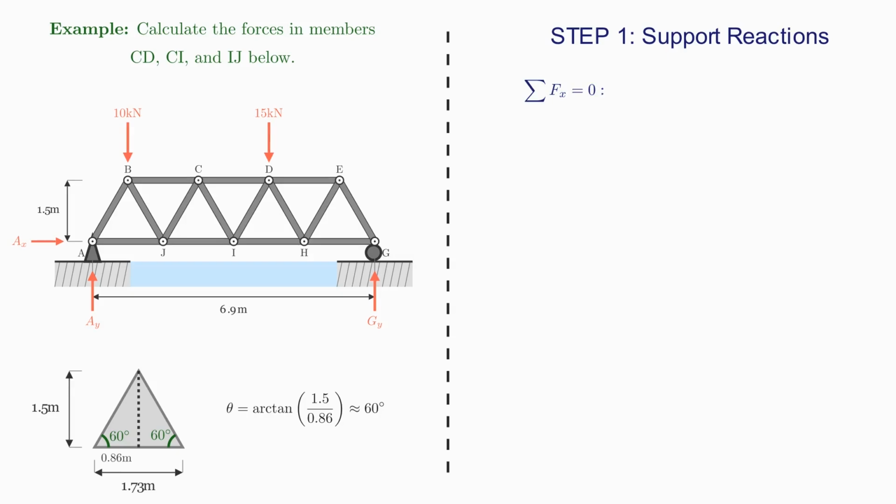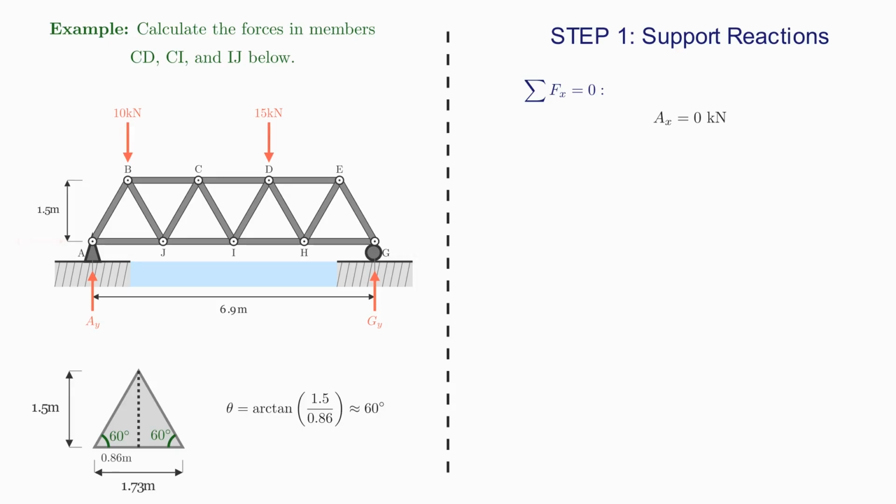For the X direction, anything going to the right I take as positive, and anything to the left is negative. So the only force that I have going to the right is AX. So I get the equation AX is equal to 0. So I can remove that arrow from my diagram.